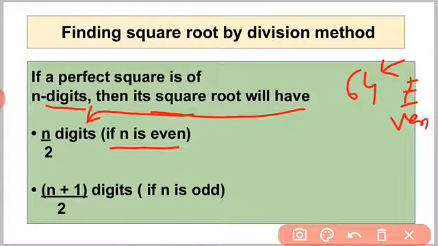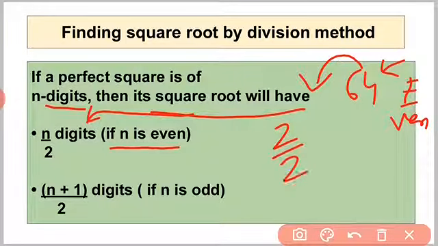It is an even number of digits. So its square root will have 2 by 2 digits, that is equal to 1 digit.